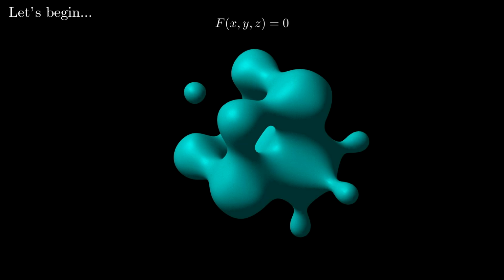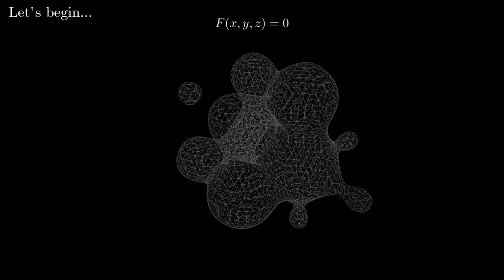So let's continue. Okay, now let's begin with the proof, once we've formalized our conjecture. The proof is the following. Let's say we have this arbitrary implicit surface defined as the zero level set of this 3D function. From now on I'm going to simply draw this mesh, this ghost version of the surface, because remember, why are we doing all of this?